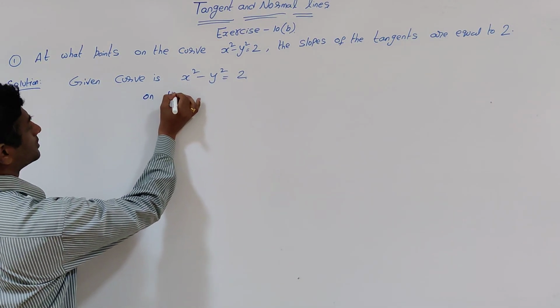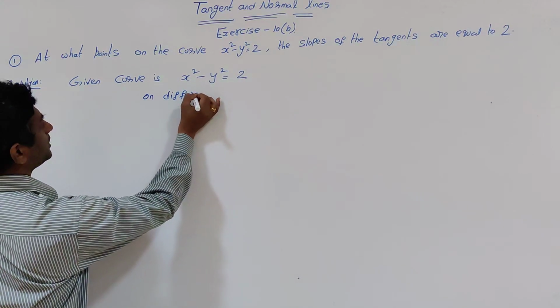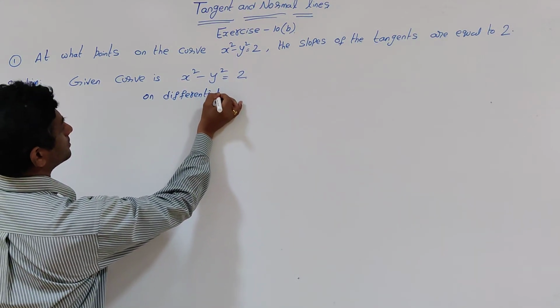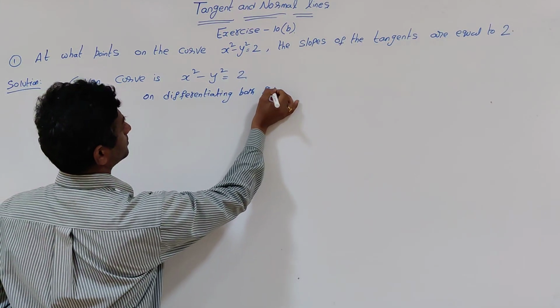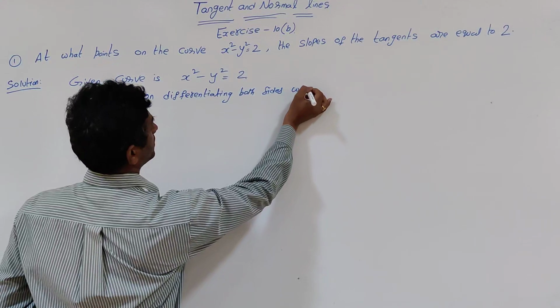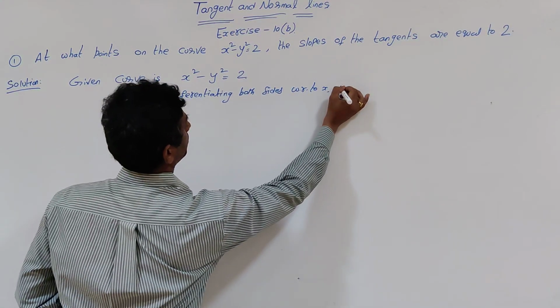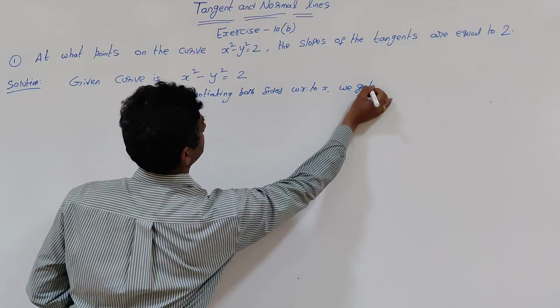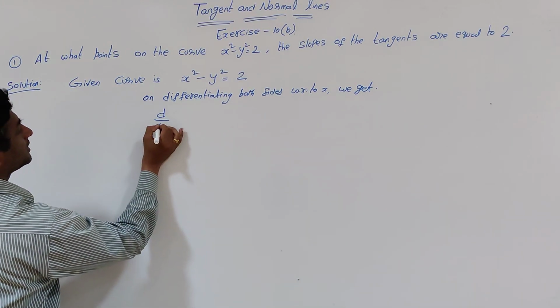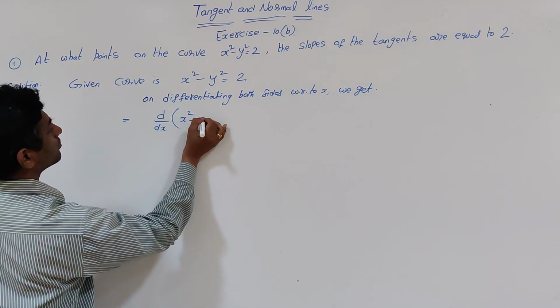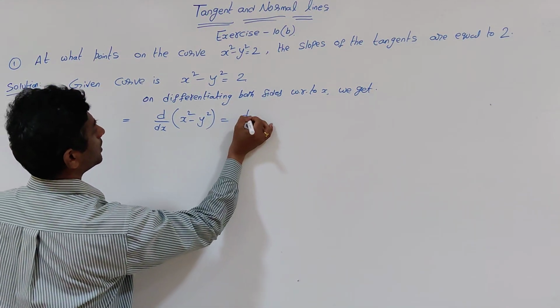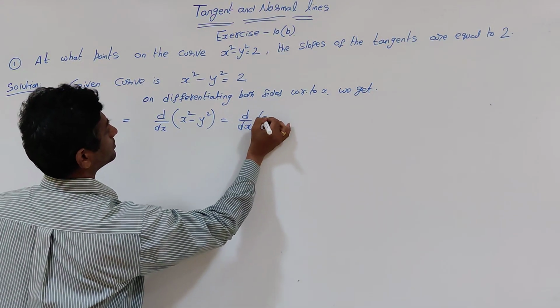On differentiating both sides with respect to x, we get d by dx of x square minus y square is equal to d by dx of 2.